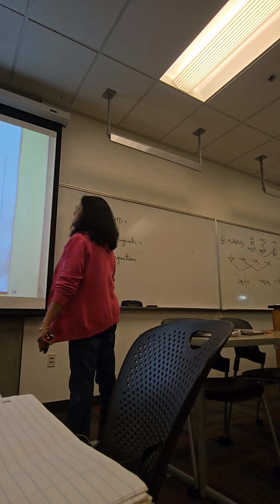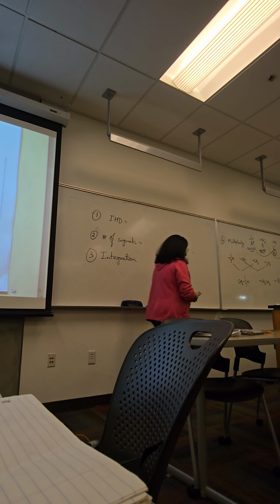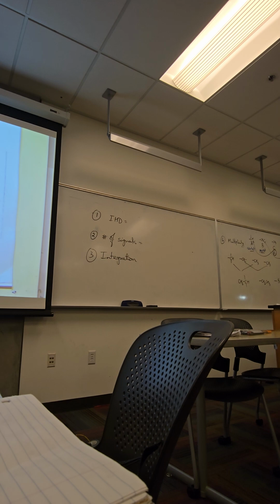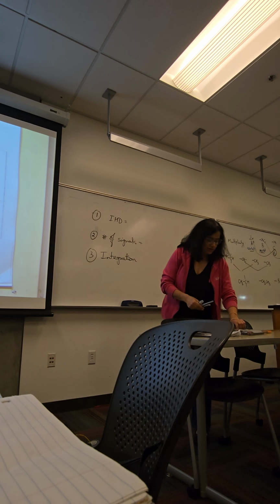It's C8H8O. You must be wondering, what does that say? I apologize for my bad handwriting. C8H8O. Okay. So what's the IHD? How do we modify the chemical formula if there's an oxygen?